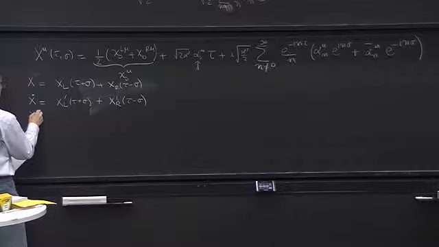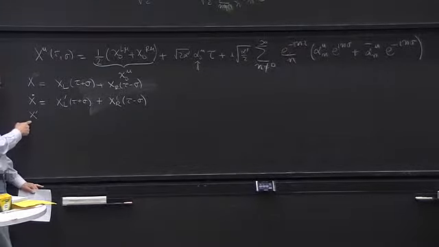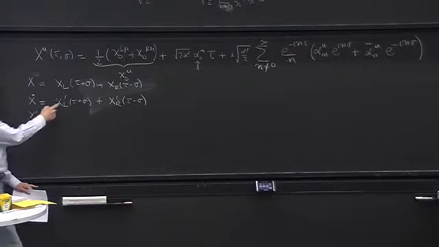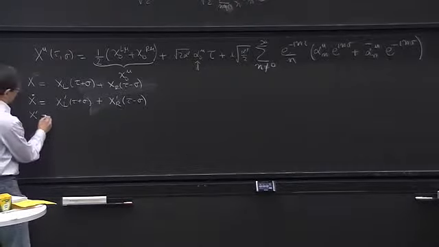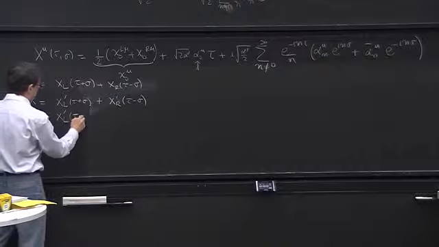What is X prime? Now, it's a small confusion. In the left-hand side, this X prime means the derivative of X with respect to sigma. And on the right, it means with respect to the arguments, of course. Anyway, with respect to sigma, you get X left prime of tau plus sigma.